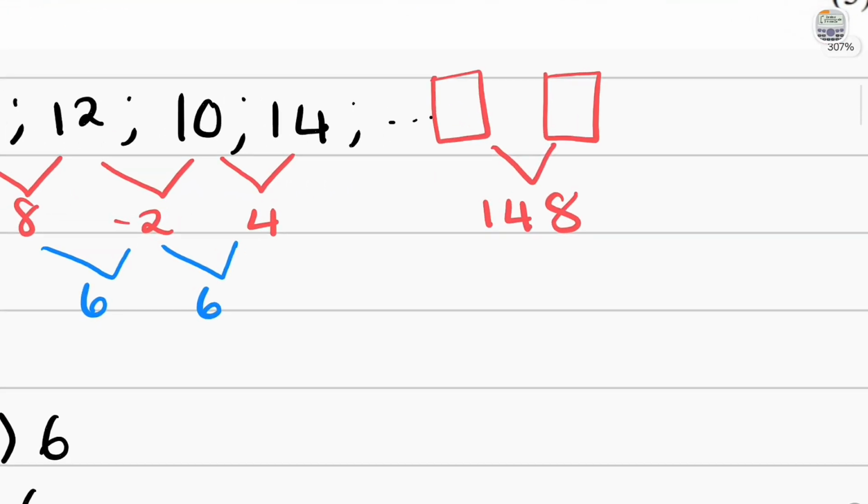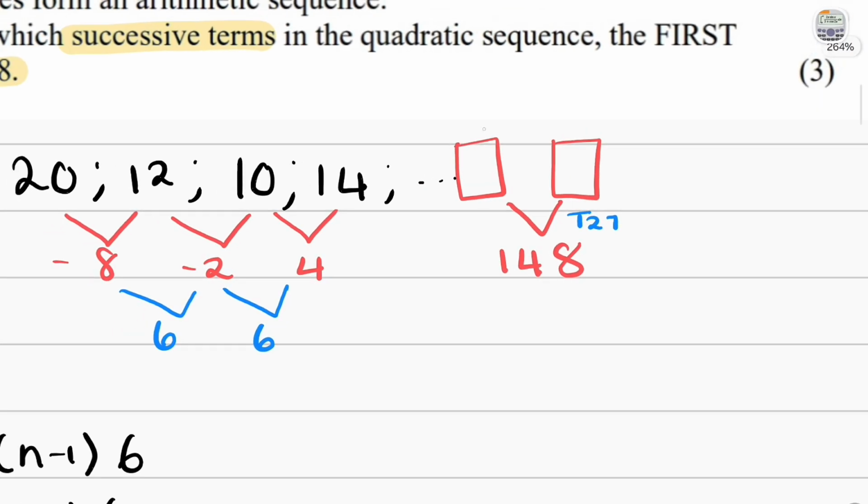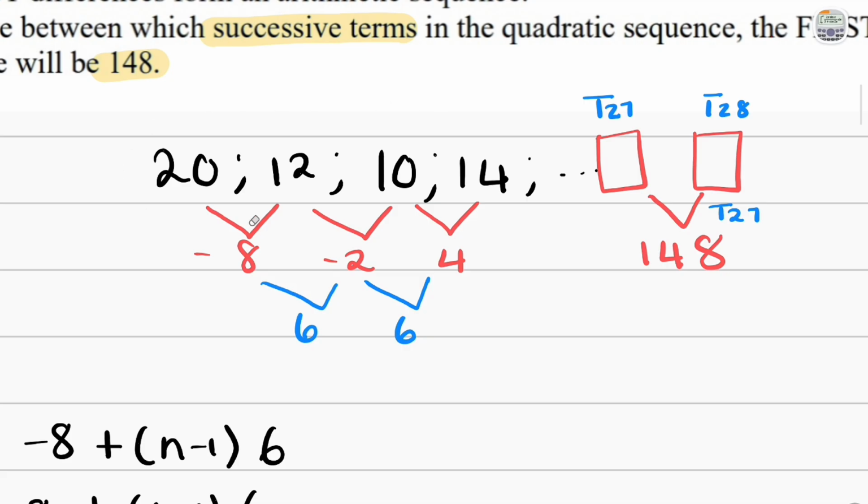So we found out what term number this is. If this is term 27, between which two terms would this lie? Okay, it will lie between term 27 and term 28. Because do you see that your quadratic pattern will always have one term more than the arithmetic pattern, the first differences.